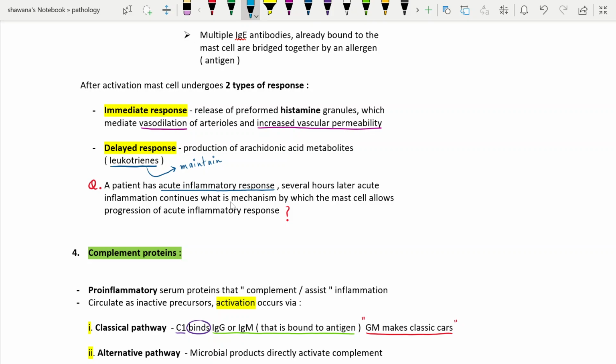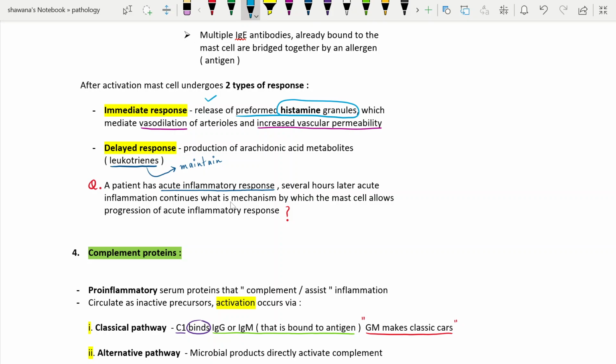Two major functions. First, vasodilation of the arterioles and increased vascular permeability at the level of what? At the level of the post-capillary venule. As I have shown you, vasodilation occurs at the level of the arteriole and vascular permeability occurs at the level of the post-capillary venule. So these both are the functions of histamine.